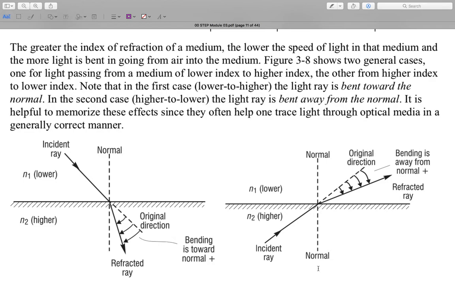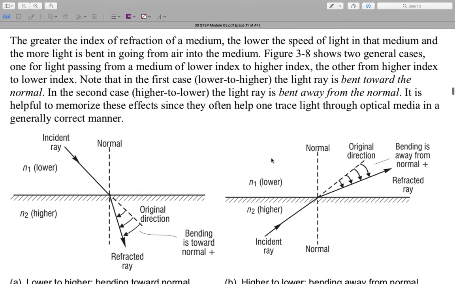Yes, I repeat again. Figure 3.138 shows the general case of light passing from a medium of lower index to a higher index, and the other from higher index to lower index.